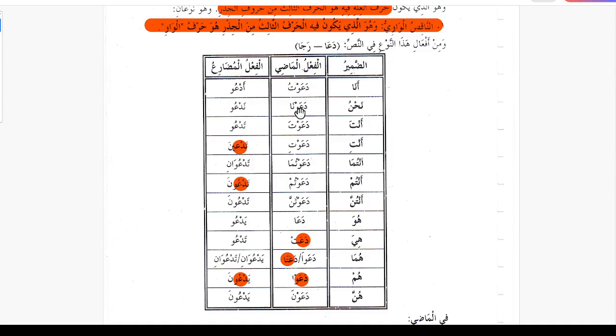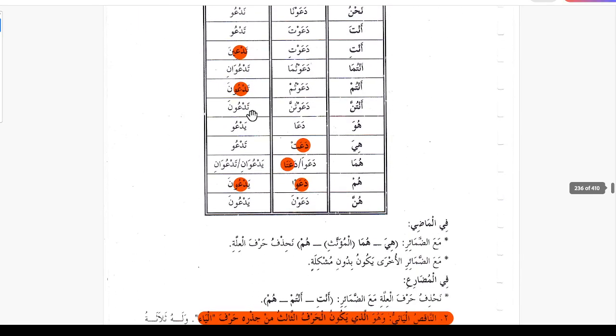And for the fail mudare, da'a yad'u, huwa yad'u, huma yad'uhani, hum yad'una, hiya tad'u, huma tad'uani, hunna yad'una, anta tad'u, antuma tad'uani, antum tad'una, anti tad'ina, antuma tad'uani, antunna tad'una, ana ad'u, nahnu nad'u.